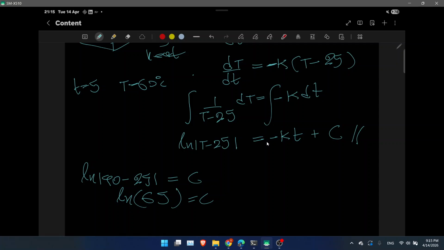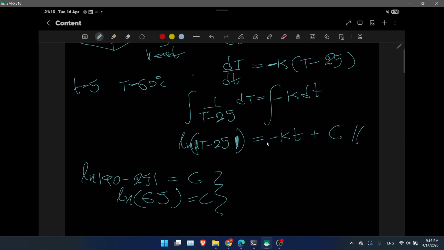If you're confused why I always put the modulus, it's because ln is not defined for negative values. So the values inside the ln should always be positive. Since this is a real world question, these inside values are always positive. So we find C.